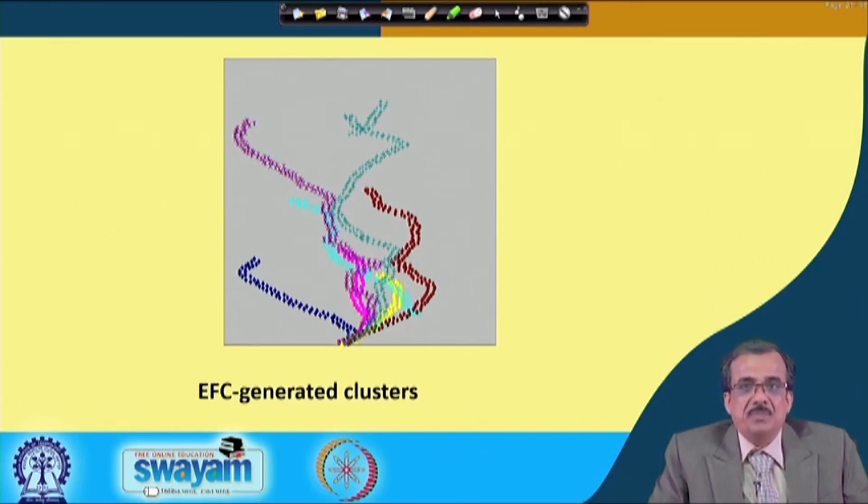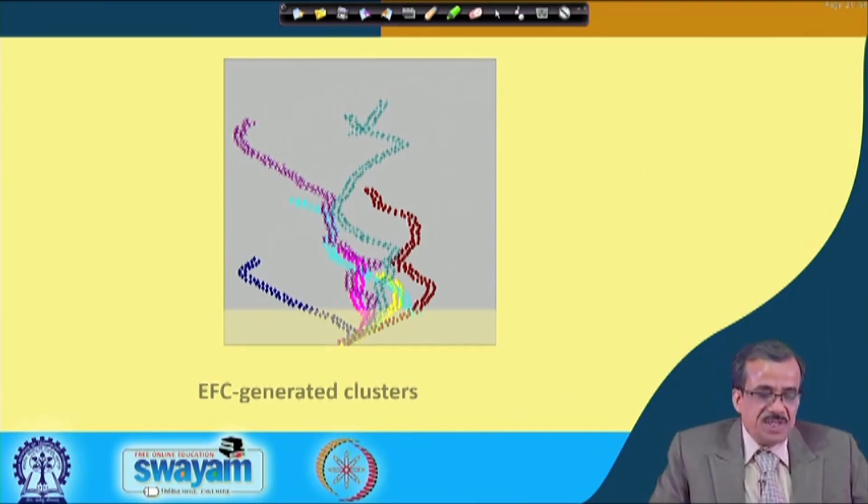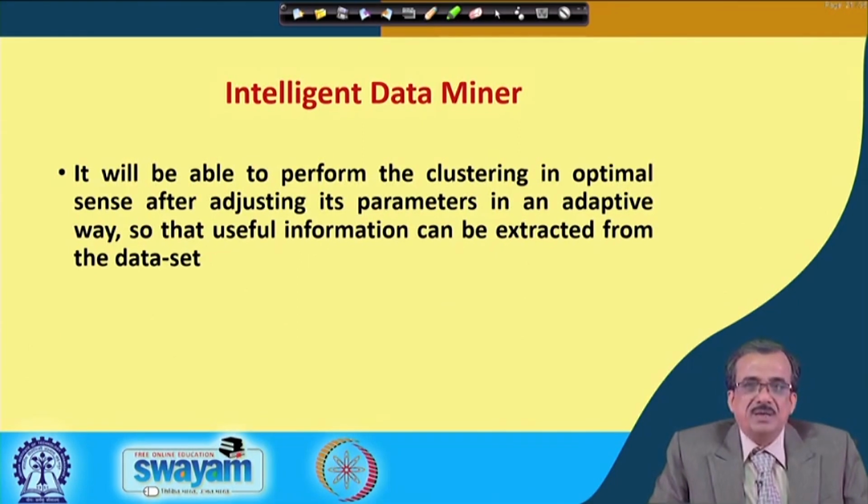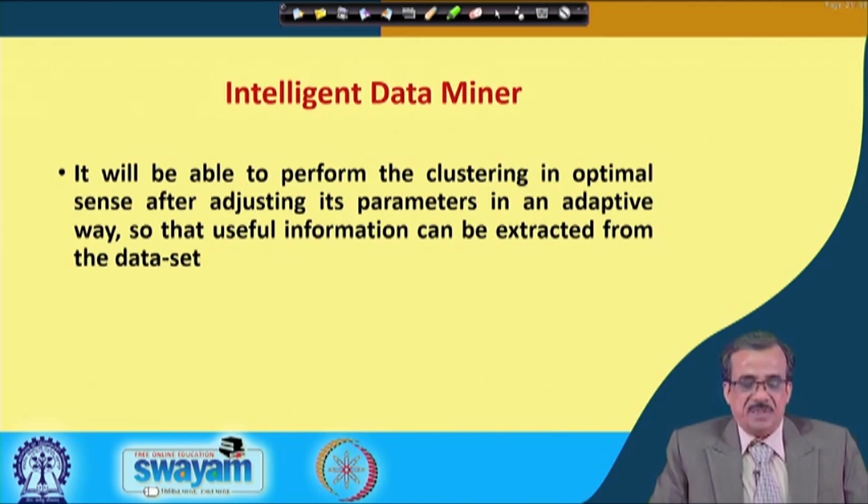That could be predicted using the fuzzy logic based screening and prediction system. This is the way we developed that intelligent data miner for screening and prediction of mental disease.